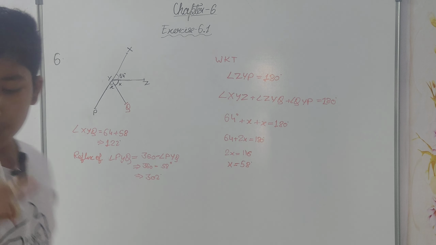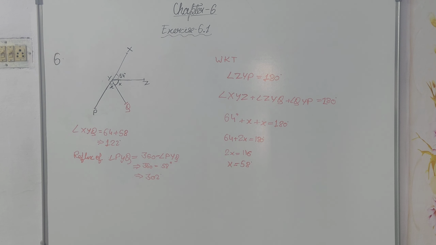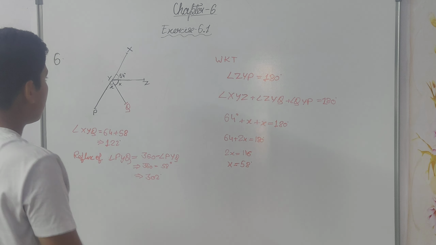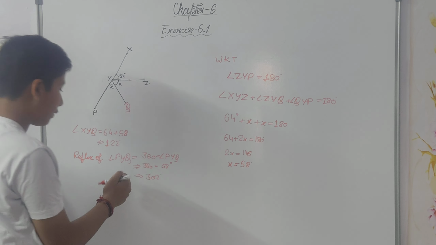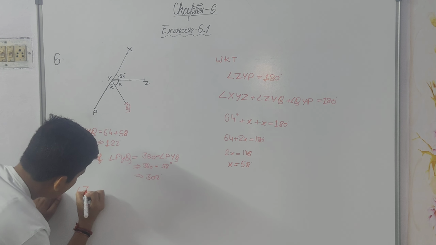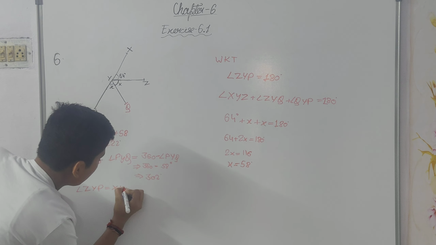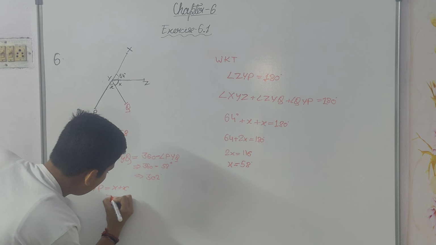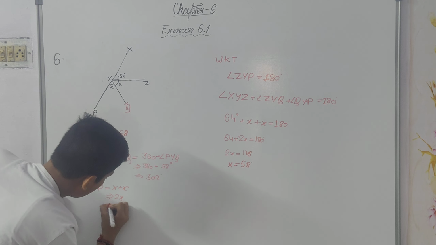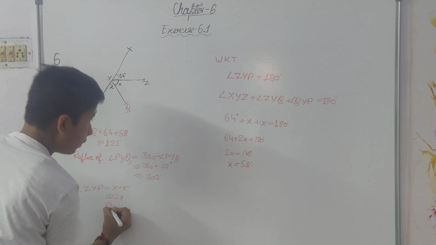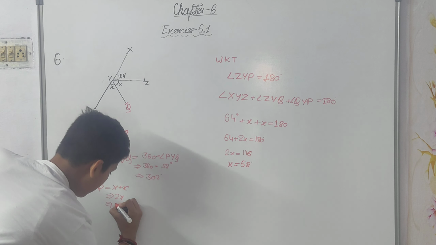This one. And one more we had to find, which is ZYP. ZYP means add x plus x, which means 2x equals 116 degrees.